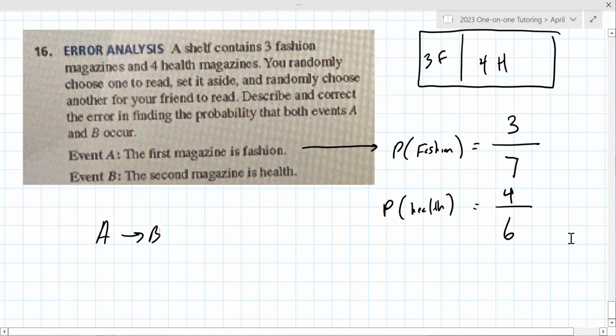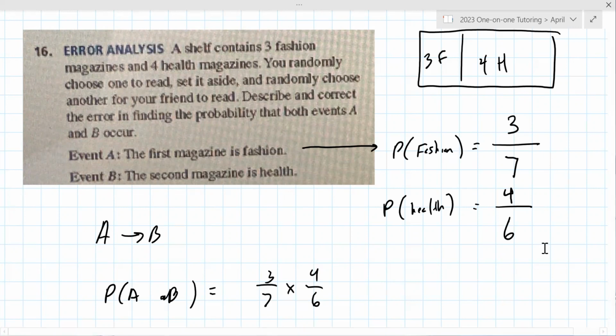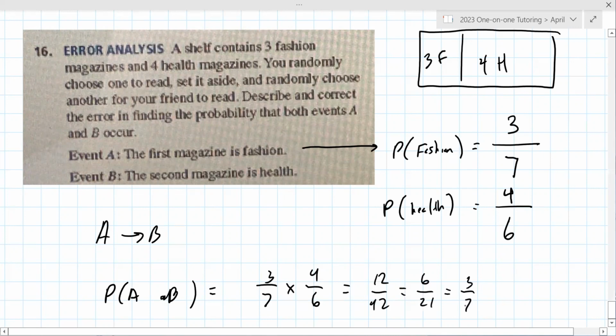Right. Okay, so the probability of A and B is 3/7 times 4/6, which is 12/42 or 6/21 or 3/7. That's what it looks like when it reduces. Sorry, 2/7. Sometimes they do reduce nicely.